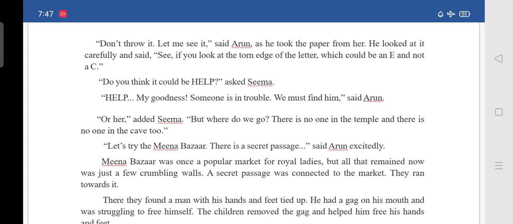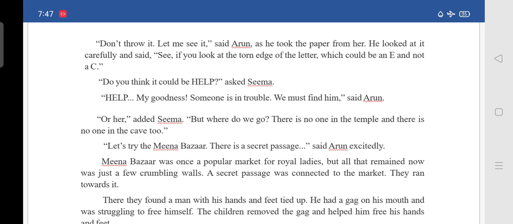So, what they are saying is Meena Bazaar was once a popular market for royal ladies. Means it was a very popular market for royal ladies, but now what is the condition of that market? It remained a few crumbling walls.